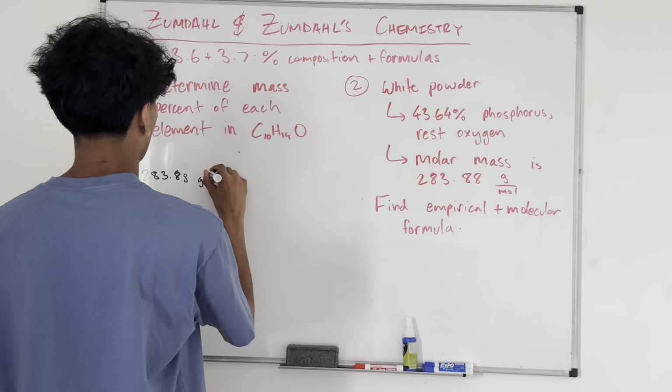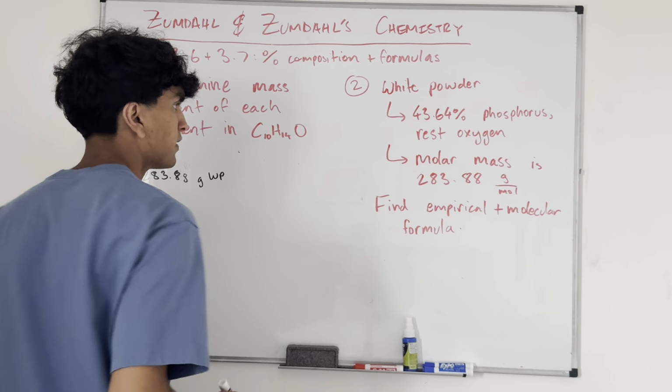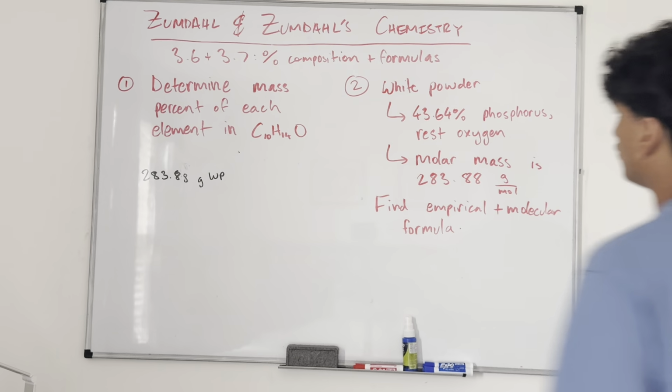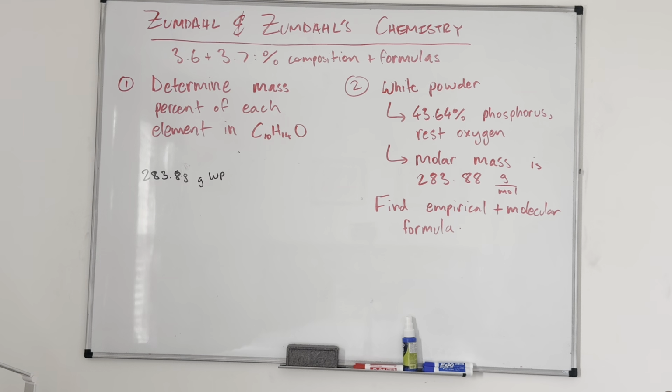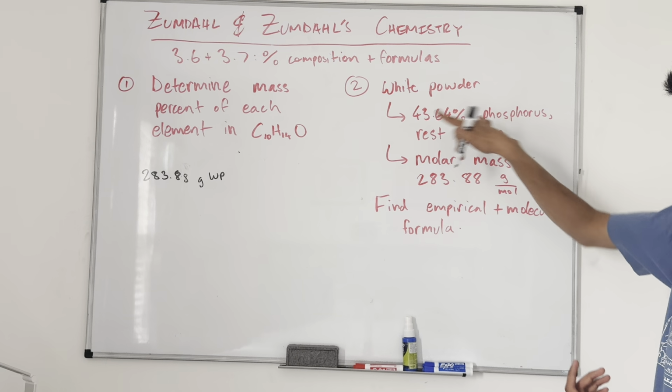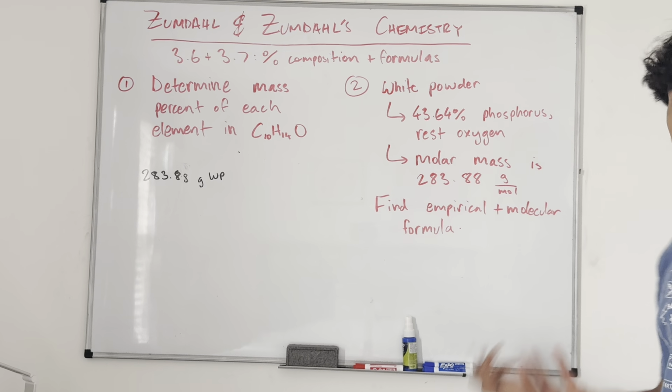283.88 grams of white powder, okay? Now, we know that 43.64% would be phosphorus.